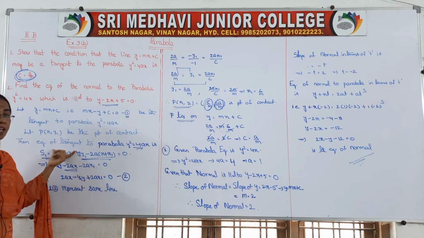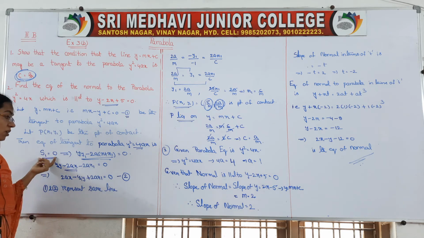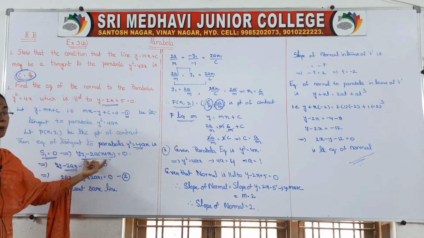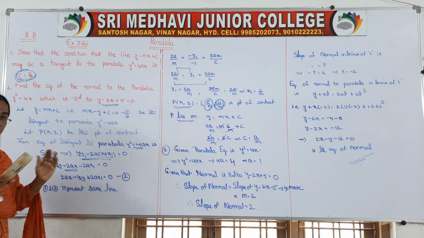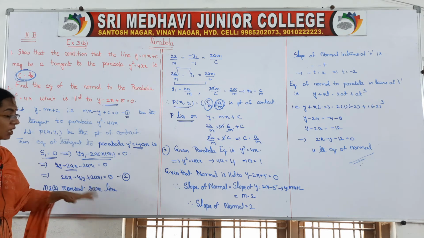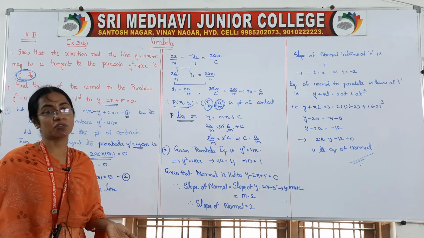Then take the tangent at that point to this parabola by applying the formula S1 is equal to 0. This is the S1 notation. Again try to write this in your general line form: x term, y term, constant term. But these two equations represent the same tangent equation.